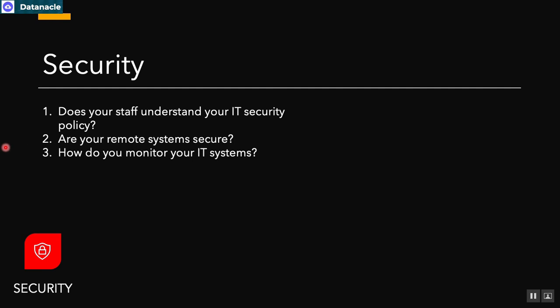And number three, how do you monitor your IT systems? This is a critical one because now you've got machine learning and you can easily monitor your networks and software much easier. Your staff is working from home and you could be dealing with a lot more intrusions or network interruptions that come about because you've got your users' networks linking into your network, so there's a lot of connectivity going on there from a network standpoint.